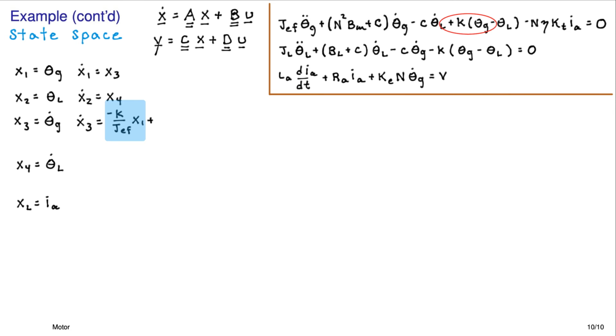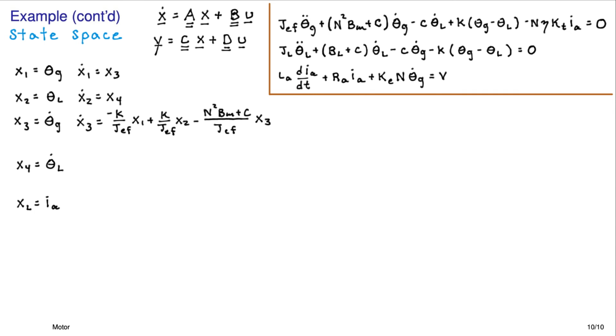When I move it to the right hand side of that equation, I get a negative k over J effective times theta G, which is x1. There's a lot of algebra going on there, but eventually, if you're very careful, you can make it all work. So here's that term.